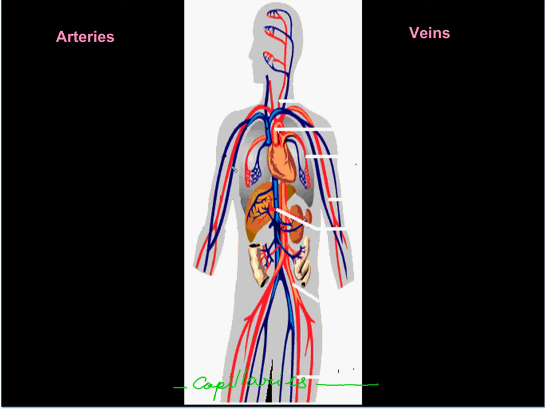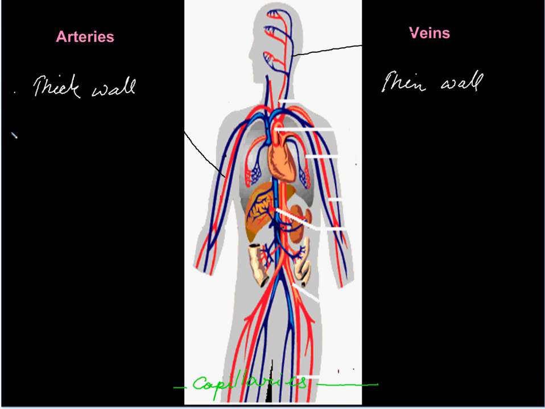Why are they two? From this diagram you can see that the red ones are the arteries and the blue ones are the veins. A brief difference between the two: the wall of the arteries is very thick, while the wall of the veins is thin in nature.